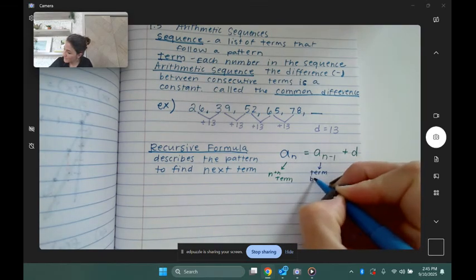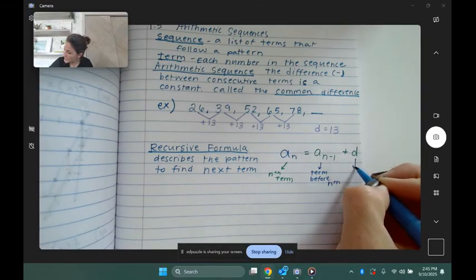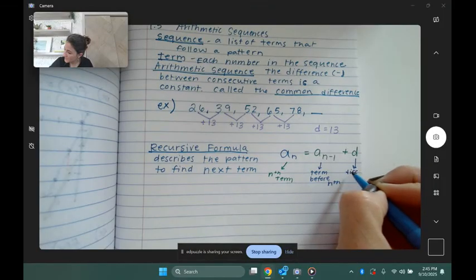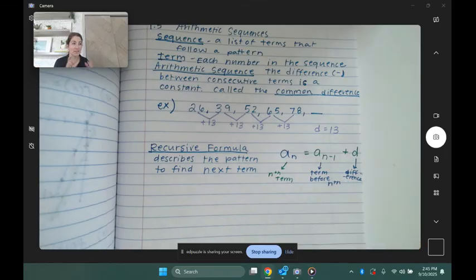The term before the nth, and this is just the common difference. Now, this is a great formula. This says, in order to find the next term, I take the previous one plus d.